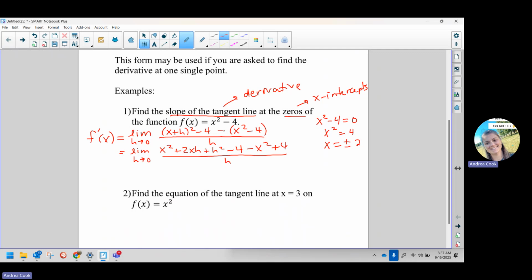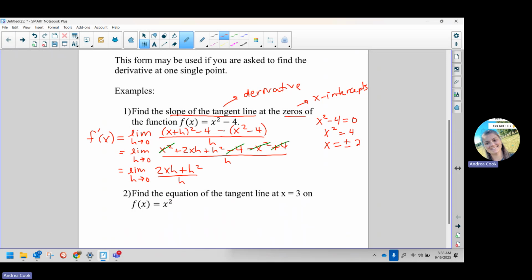So I FOILed it out and distributed negatives. Let's see what I can cancel. I can cancel x squared and x squared, and negative 4 and positive 4. The limit as h goes to 0 of 2xh plus h squared all over h.